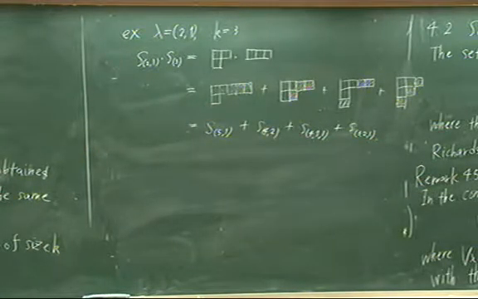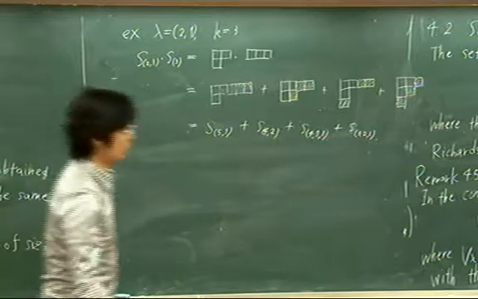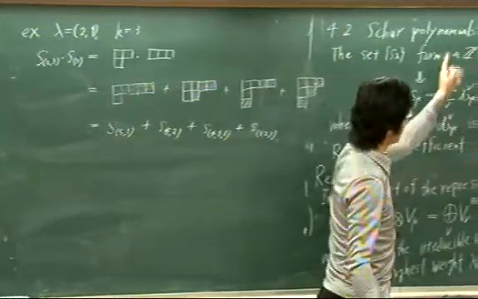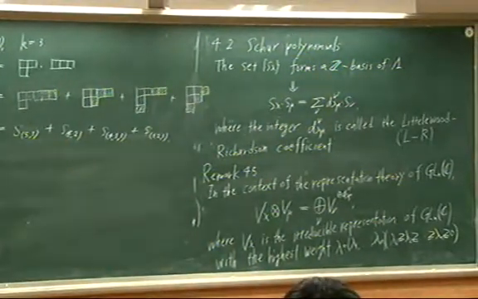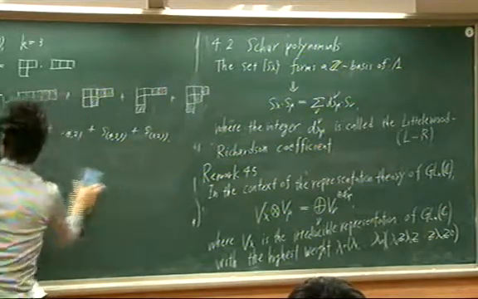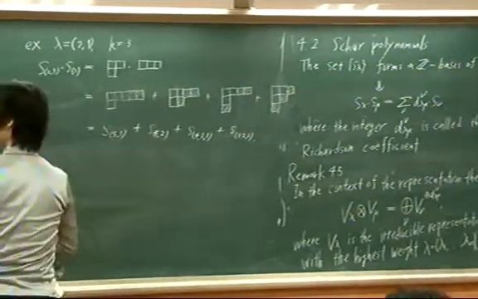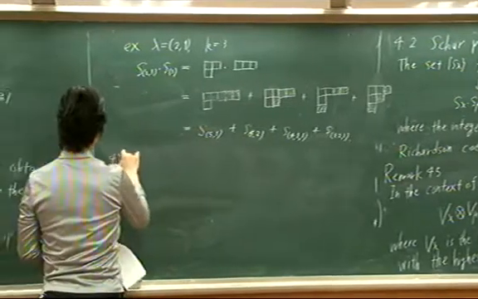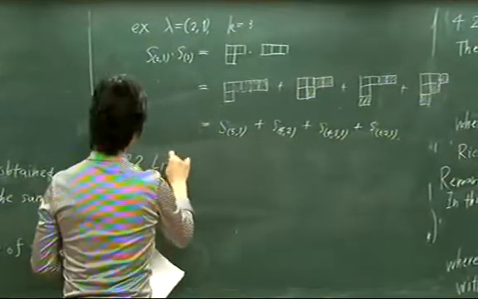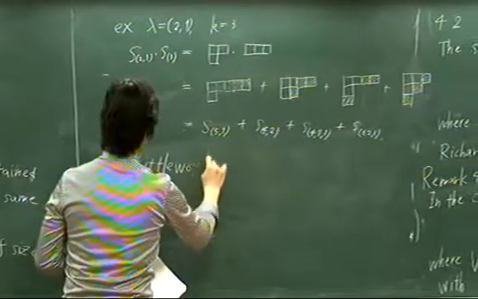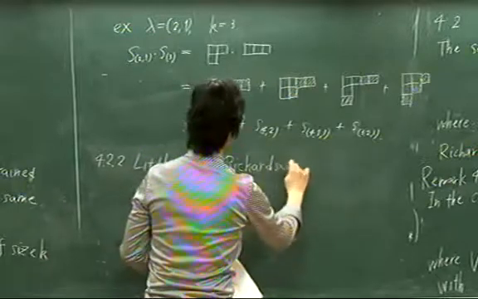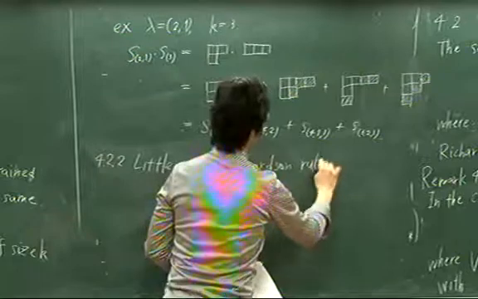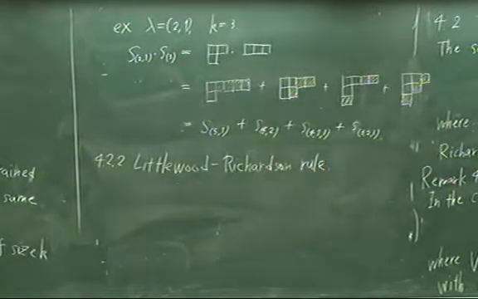And as I said before, there is a combinatorial formula which determines these LR coefficients. So in the next subsection, the Littlewood-Richardson rule.